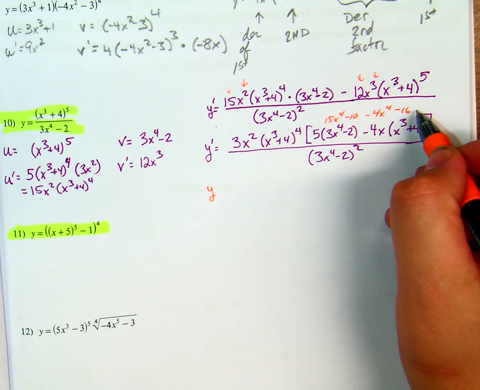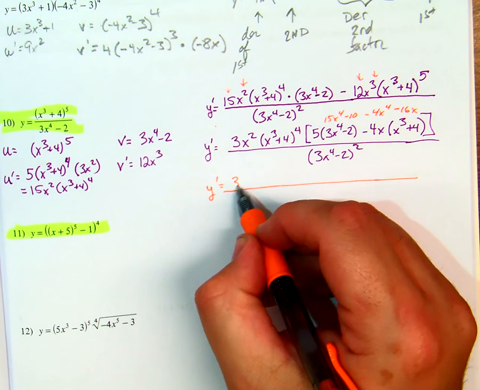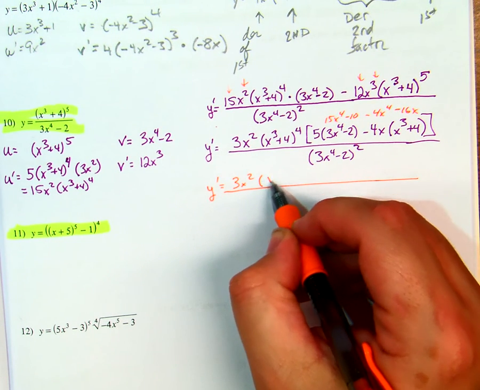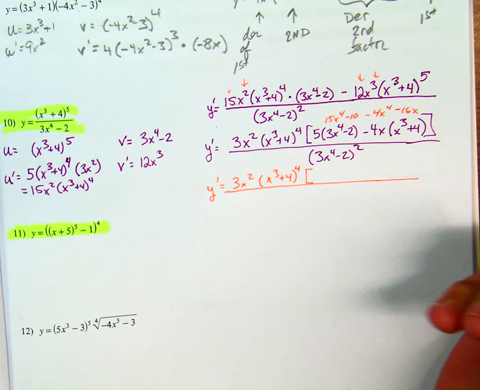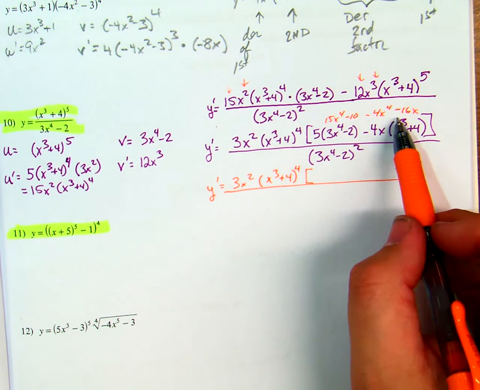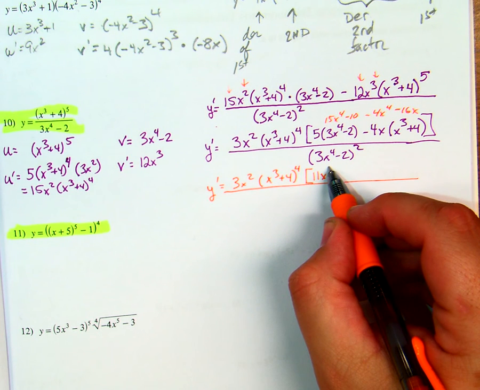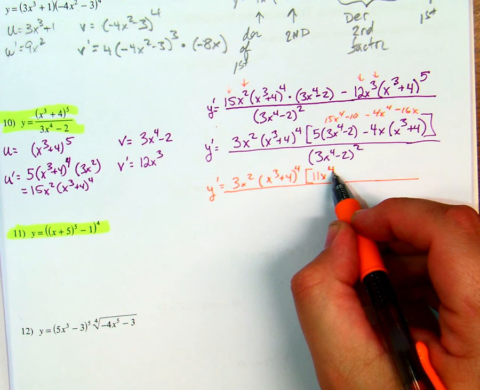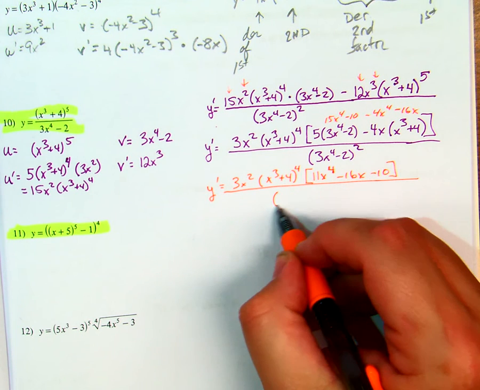All right, so y prime is 3x squared times x cubed plus 4 to the 4th times 15x to the 4th minus, that's 11x to the 4th minus 16x minus 10, all over 3x to the 4th minus 2 squared. And that's as far as you could simplify it.